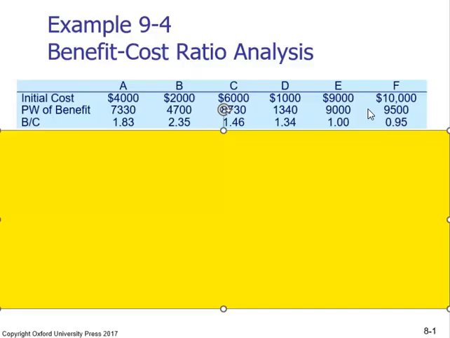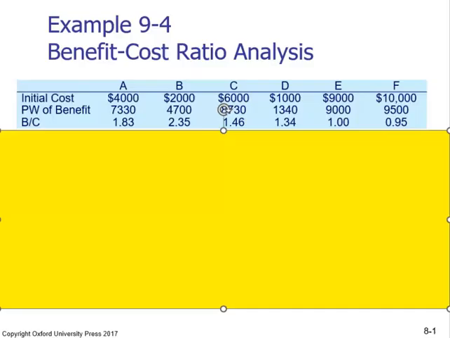Okay, so we have 6 investment alternatives, and maybe it is a public project where they have the initial cost and also they have monetized the benefits. So we have 6, and the benefit over cost is also calculated.